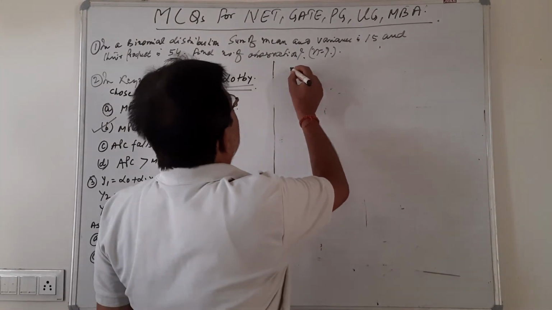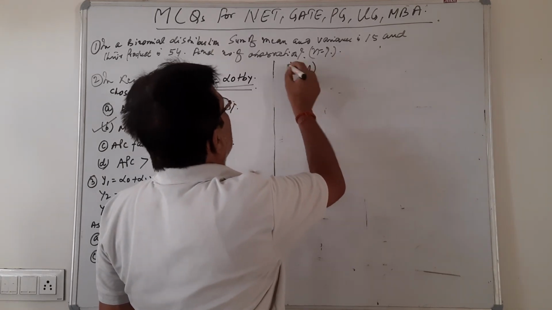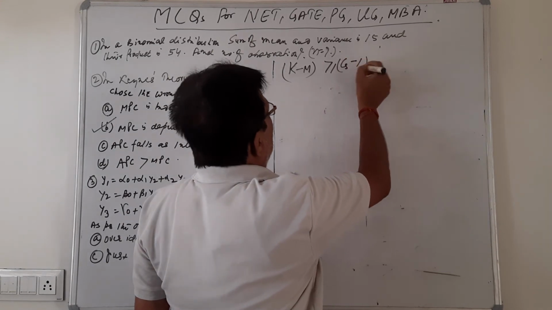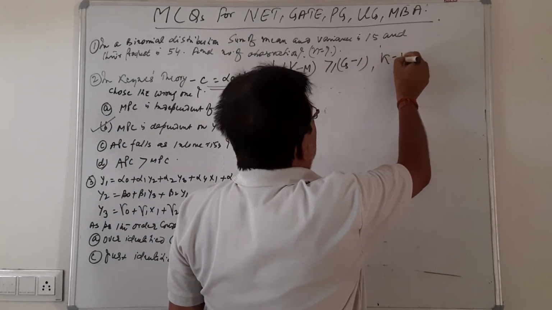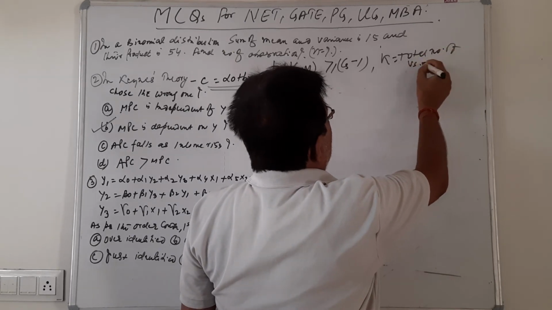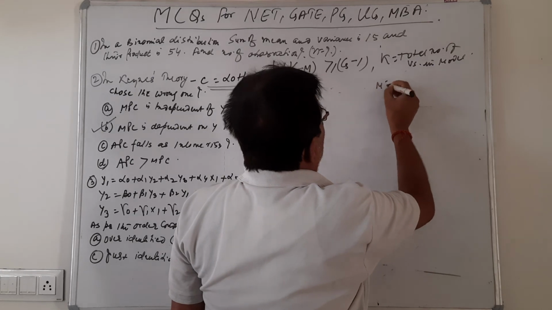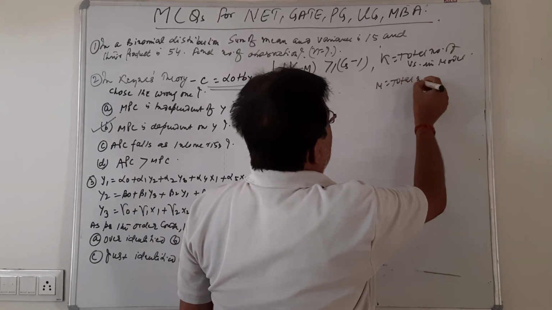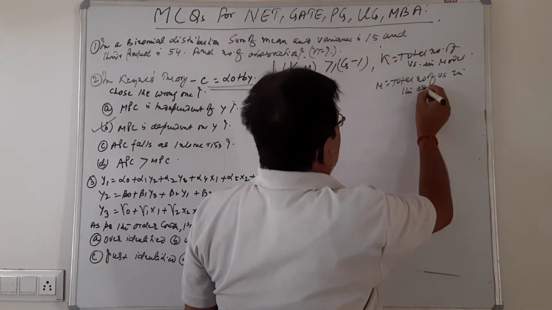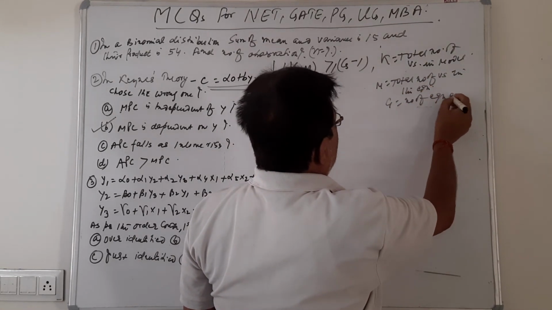Order condition is K minus M is greater than or equal to G minus 1, where K is the total number of variables in the model and M is the total number of variables in the equation, and G is the number of equations.